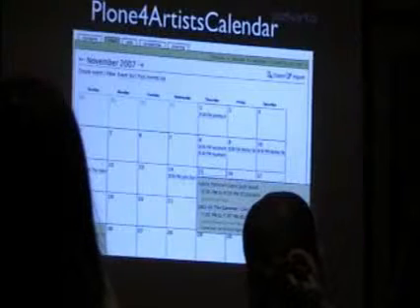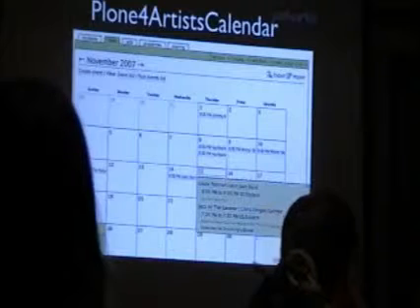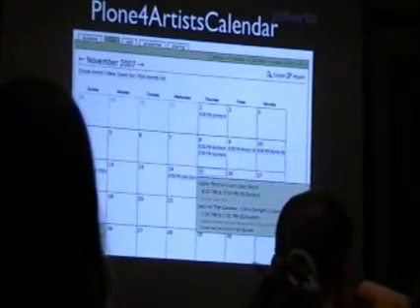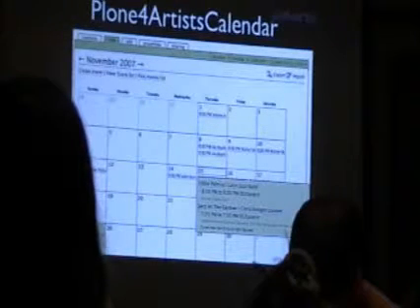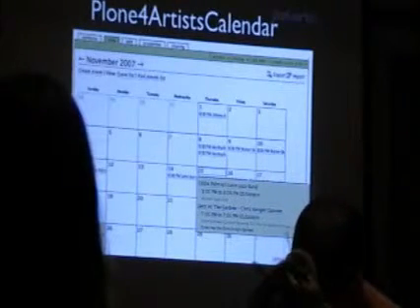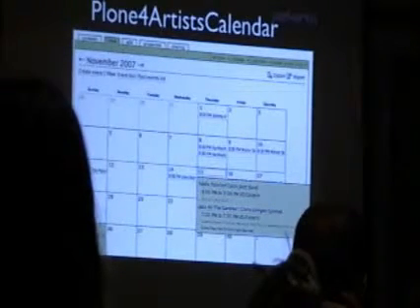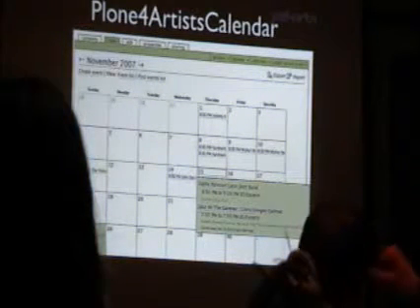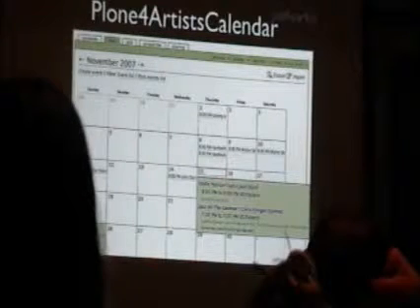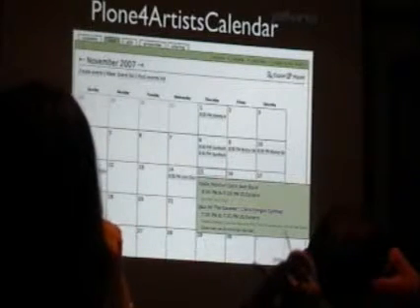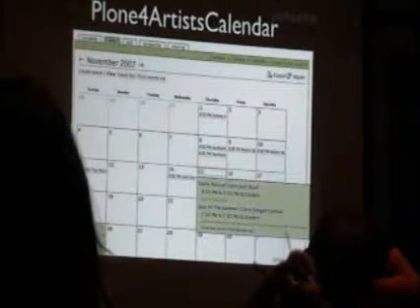Another component we've been developing is called Plone4Artists Calendar. And I understand that a lot of the educational people here at the Symposium are very interested in calendaring tools. I won't be giving a demonstration of this in this talk, but I'll probably do a lightning talk either today or tomorrow to show how this product works. But basically, it lets you take a folder of events that you have on your Plone site and activate it as a calendar folder and say, this is a folder of events, and then it renders either a monthly view, like the one you see, or a listing, where it shows the month and then what's happening each day of that month.